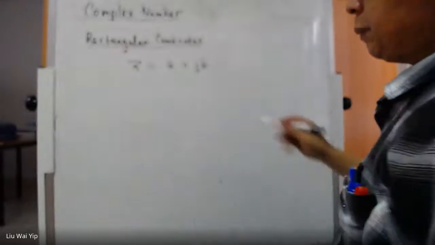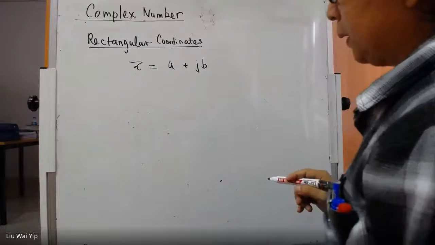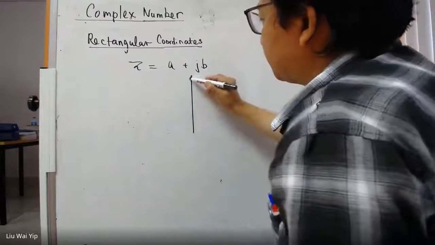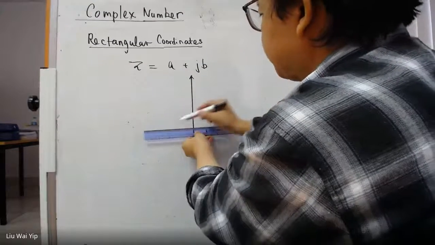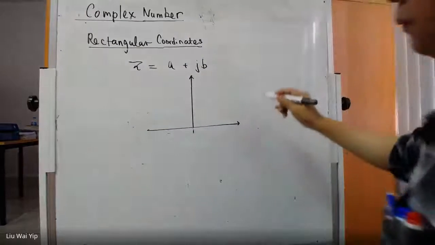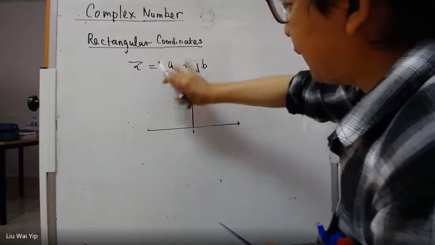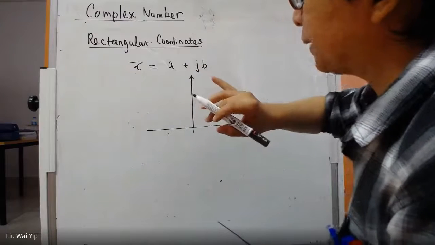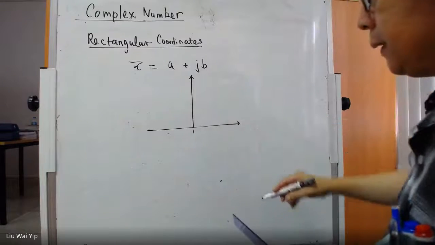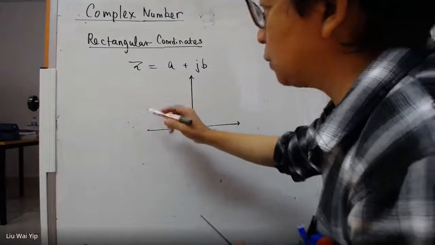And if you are going to plot the complex number, then we will need a diagram, the so-called Argand diagram. In this example, we have A and jB. A is the real part of the complex number, and B is the imaginary part.